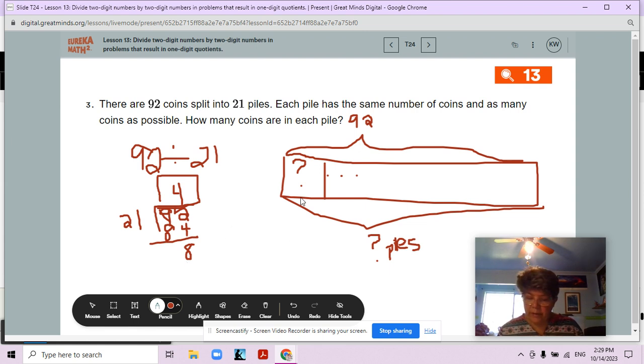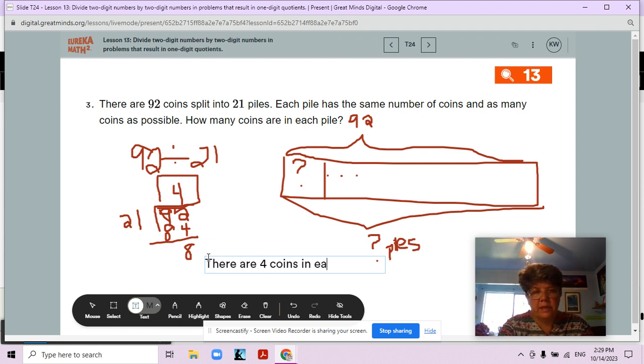So we're also talking about how to use our divisor. In this problem, in problem 3, the divisor 21 represents the number of groups, right? 92 is in 20 groups of 4, and we should write that. There are 4 coins in each group.